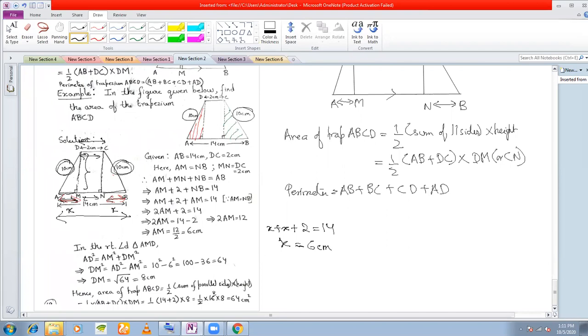So you have got this. Now you will apply Pythagoras theorem in this triangle, in which this is the hypotenuse and this is your base. Therefore you can find out the height from Pythagoras theorem. Once you have found this, you know the height, and then you can calculate the area of the trapezium. Okay, so I stop here for today.